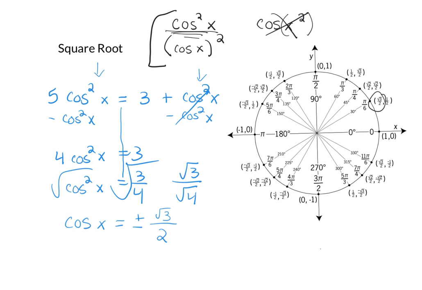So we're going to have 4 solutions to this one. It's basically all the pi over 6's. So the value of x is pi over 6, 5 pi over 6, 7 pi over 6, and 11 pi over 6.